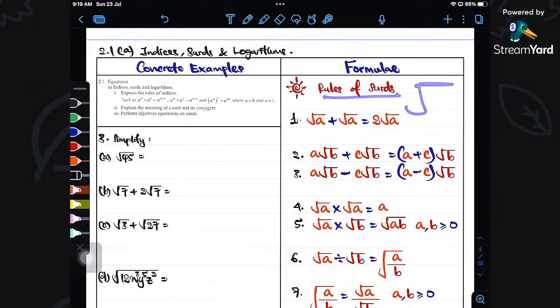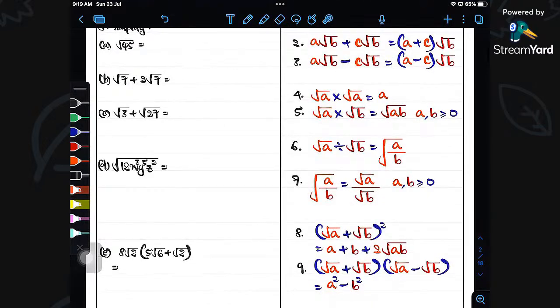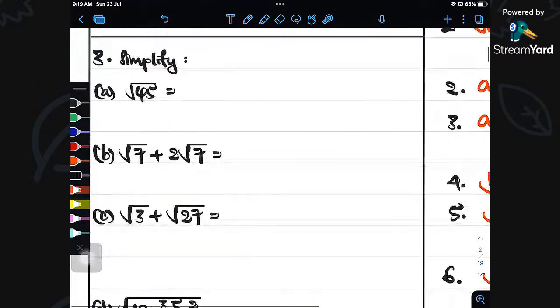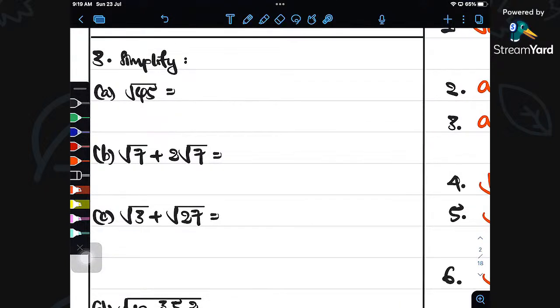Ini surd. Okay, so we have few formula here that all of them are very important. And so let's begin with the first example of the square root, which is square root 45. So square root 45 here, it seems like, oh, boleh pecah ke ni? So you must think and think what number can give you a perfect square. Perfect square numbers.